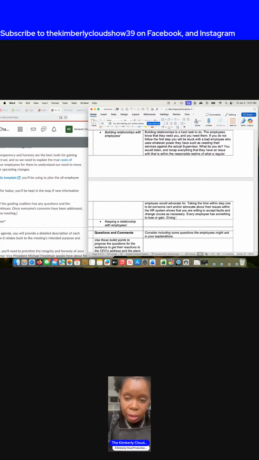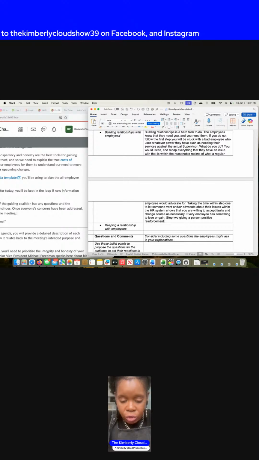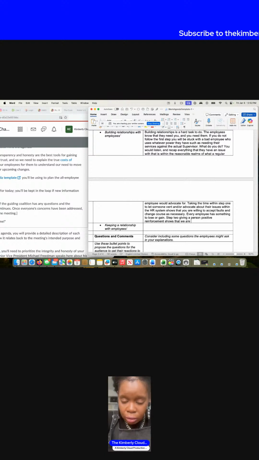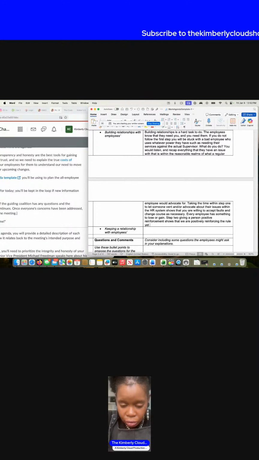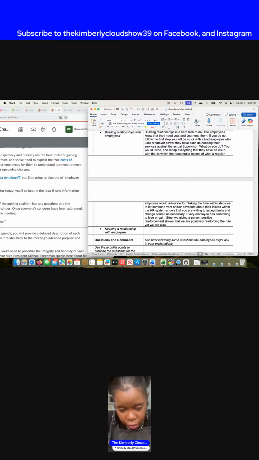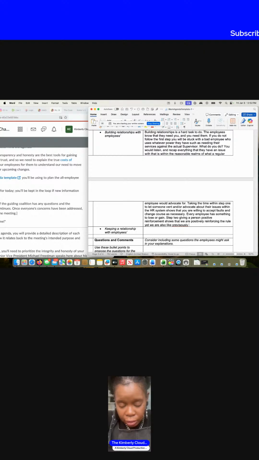Step two, giving a person positive reinforcement shows that we are positively reinforcing the rules, yet we are also, like previously, listening and recapping.